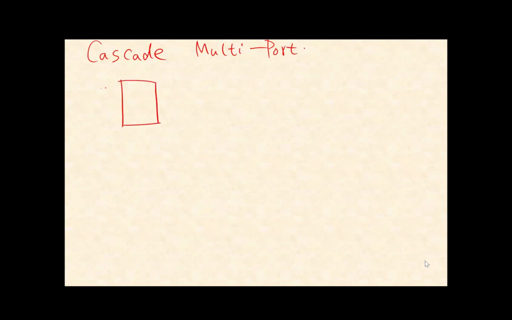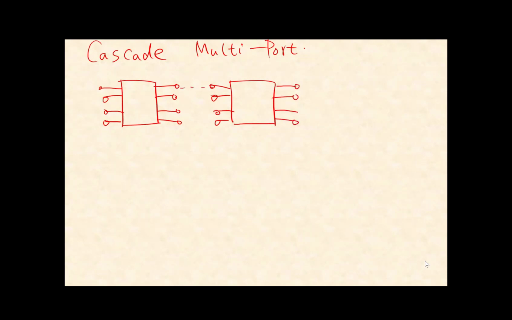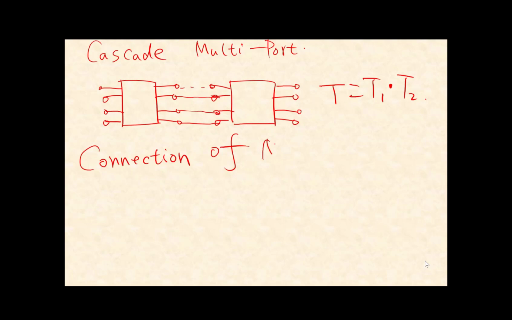For the 4-port network, connect them together. So this is cascade, and then the total T equals T1 multiplied by T2. So for the connection of multiple networks, we have introduced four kinds.